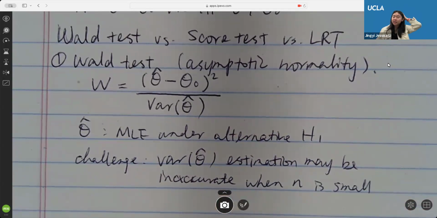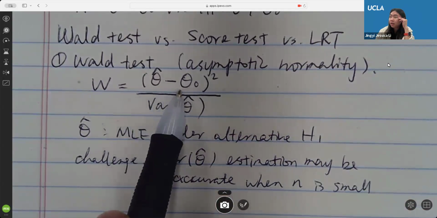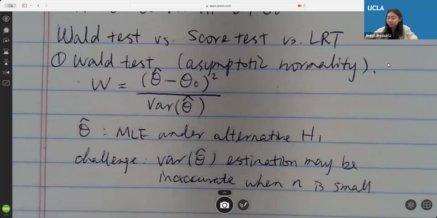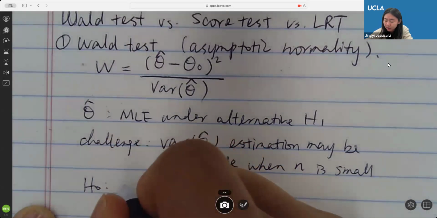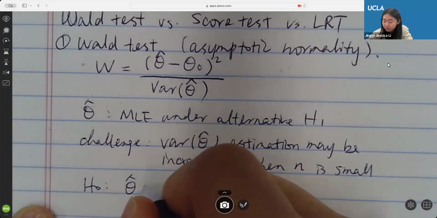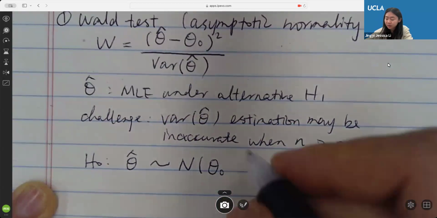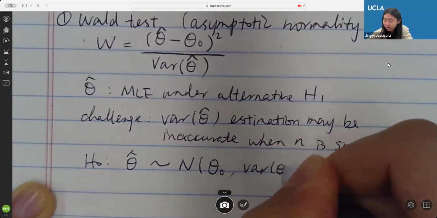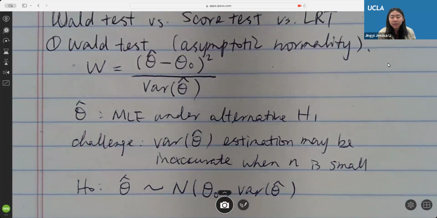And also, since we said it's relying on asymptotic normality, theta hat is asymptotically normal with mean theta 0 and variance theta hat. So we're relying on this fact to construct this Wald statistic. And it's basically standardized version of this.